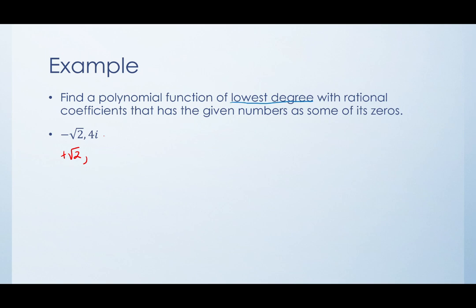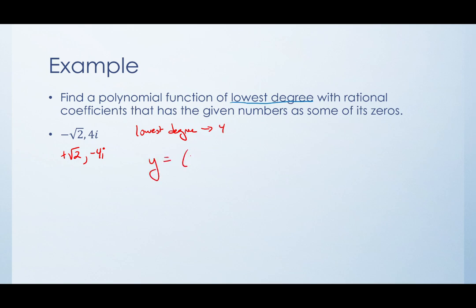And if we have a 4i as a root, we also have to have a negative 4i as a root. Now, could it have more zeros? Sure, but the lowest number of roots that it has to have is these 4. So our lowest degree that meets the criteria is 4, and we have all 4 of them accounted for.